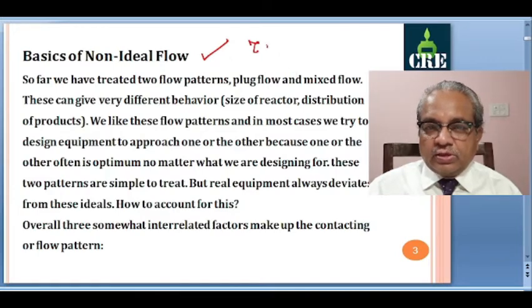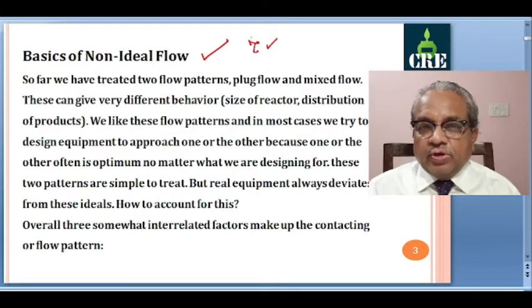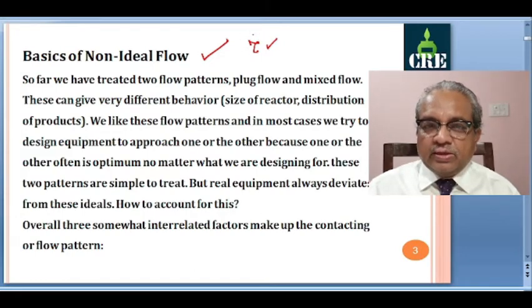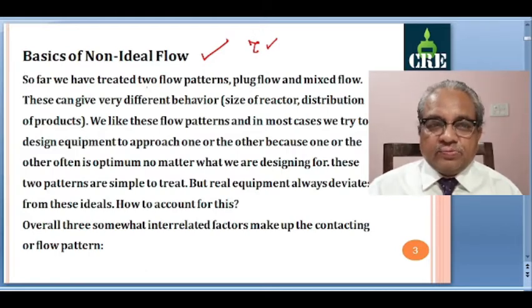So this residence time concept which we have seen, or space time, we called it V by v in mixed flow or plug flow, and it is assumed that whatever enters the reactor spends exactly the time equal to tau. It is constant, but it will not be so. Why? We will see.